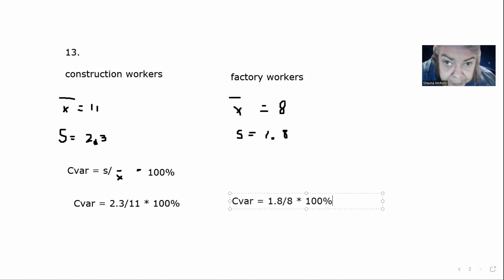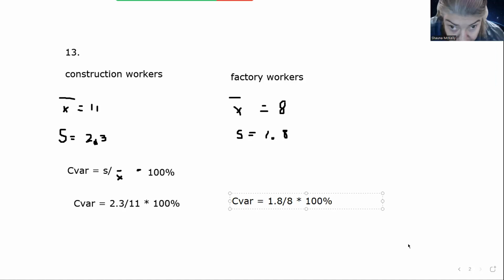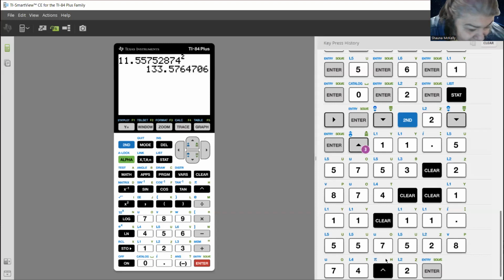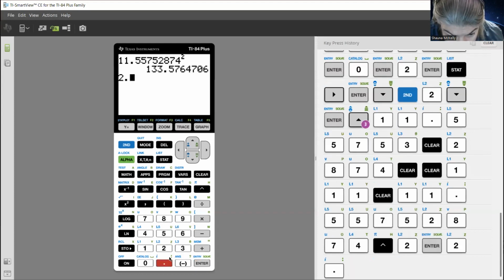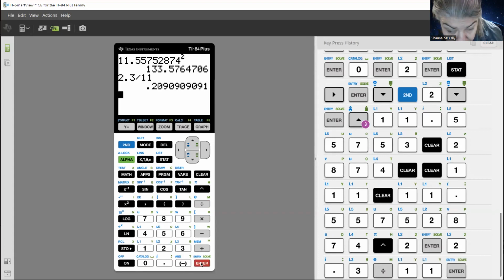Okay, so one more time, we're going to go to the calculator. Your calculator in this class is your friend, okay? For the construction workers, we have the following. 2.3 divided by 11 gives us this. We multiply that by 100.